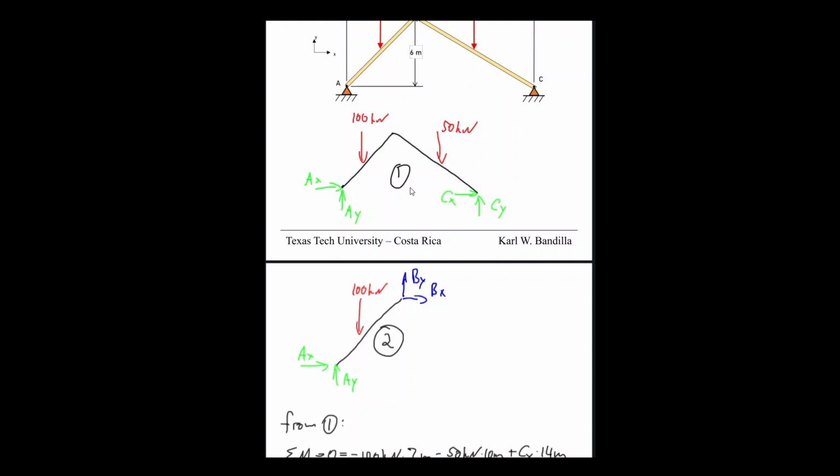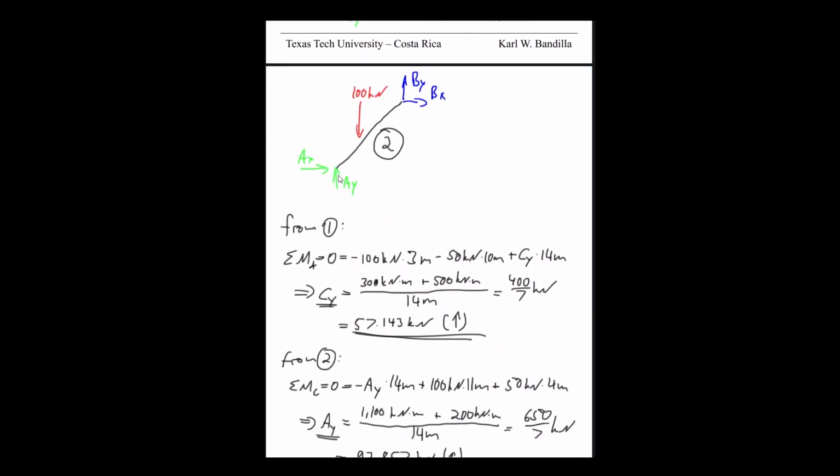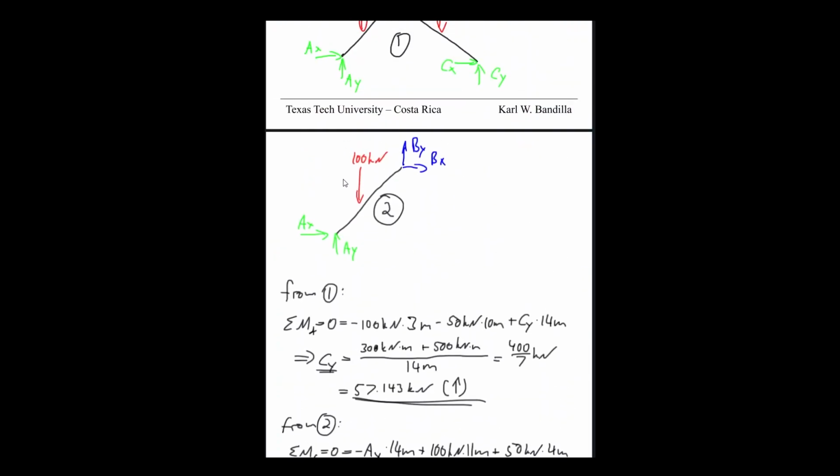Ay is turning clockwise, so minus Ay times 6 meters. And then the 100 kilonewton is turning counterclockwise, so plus 100 kilonewton times 3 meters.